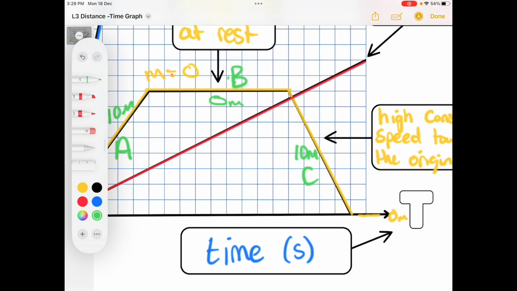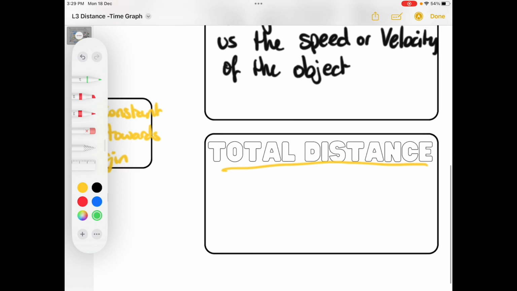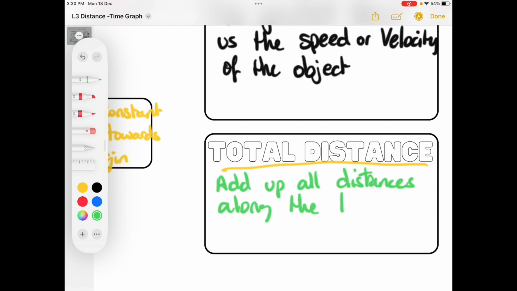Let's call that C. So if we want to know the total distance traveled, total distance is add up all distances along the line.